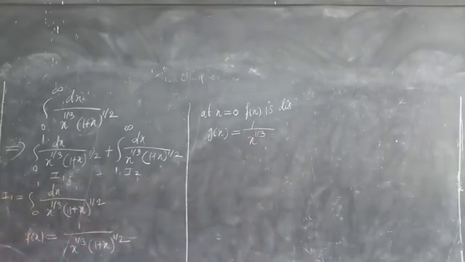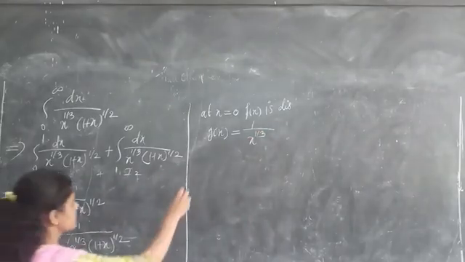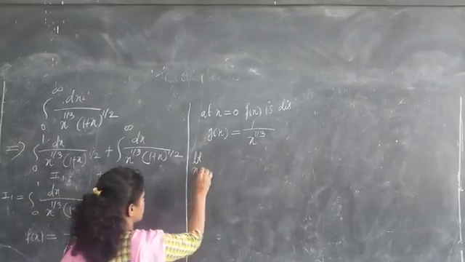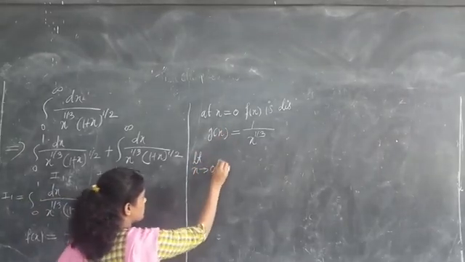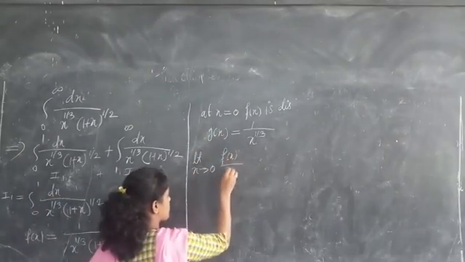Next, take the limit as x tends to the discontinuity point 0 of f of x divided by g of x.